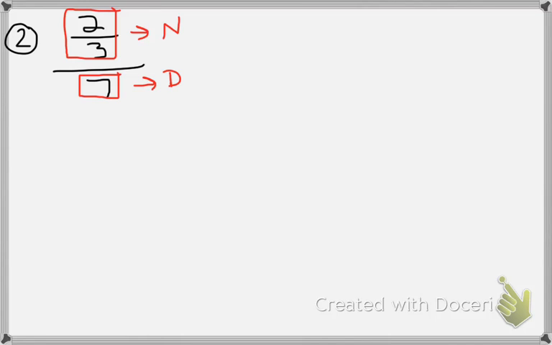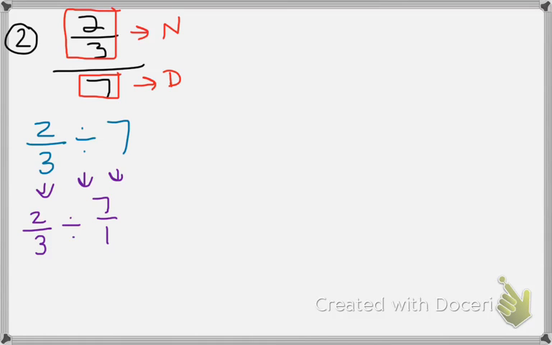So this is 2/3 divided by 7, and our next step is to write it out as we say it: 2/3 divided by 7. Just like before, we have to change our whole number into a fraction, and the way we do that is we put it over 1. So 2/3 divided by 7 over 1, because 7 and 7 over 1 are the same exact thing.